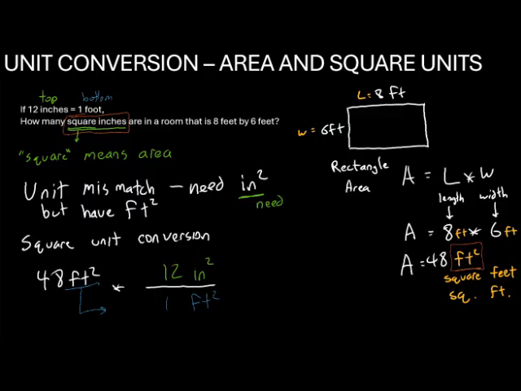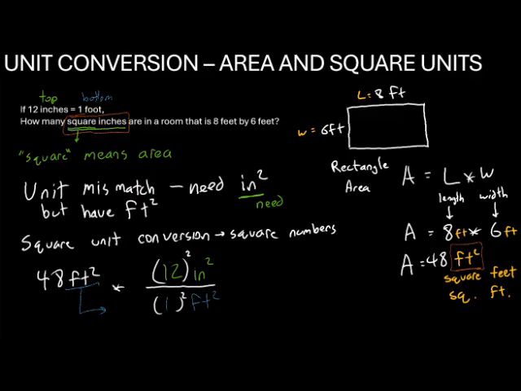However, since we have a square unit conversion, it's not enough just to write the square on the inches and the feet. We also have to square the numbers that are next to them. So we're going to write 12 squared and 1 squared for this fraction. And this is only because we're dealing with square units.